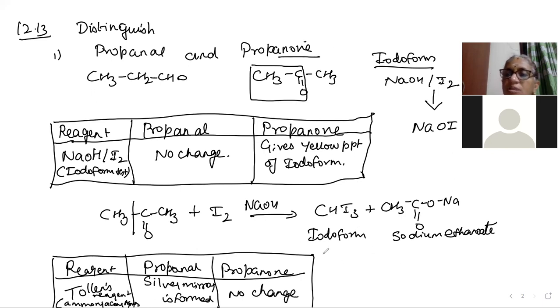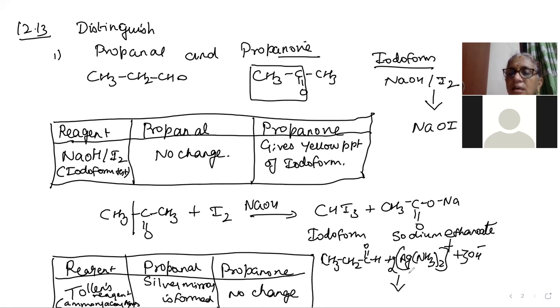What is the equation for this? You remember? Propanal. You have to write the specific aldehyde here. Propanal plus ammoniacal silver nitrate. When they combine, what do they form? They form the soluble complex Ag(NH3)2 plus in the presence of OH minus. The balancing numbers I asked you to memorize for this are 2 and 3. And silver here, Ag plus, will be reduced to Ag. Water will be produced.